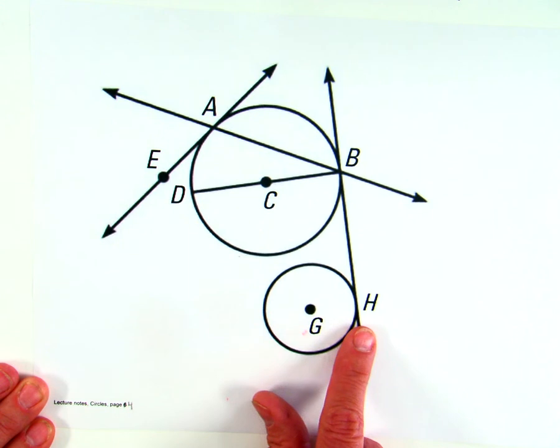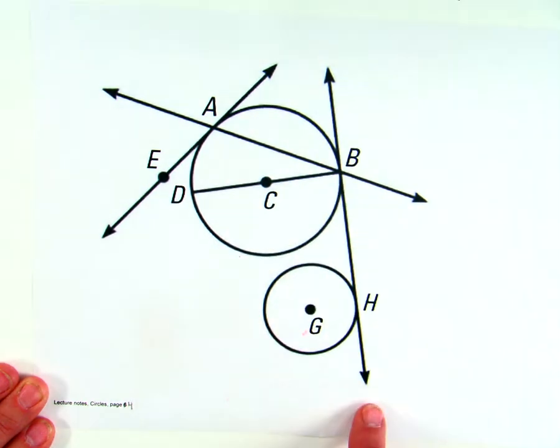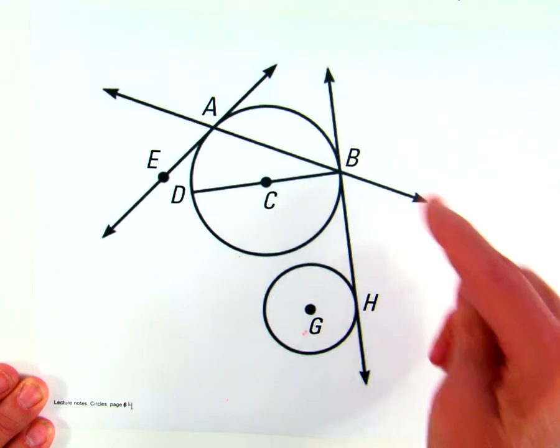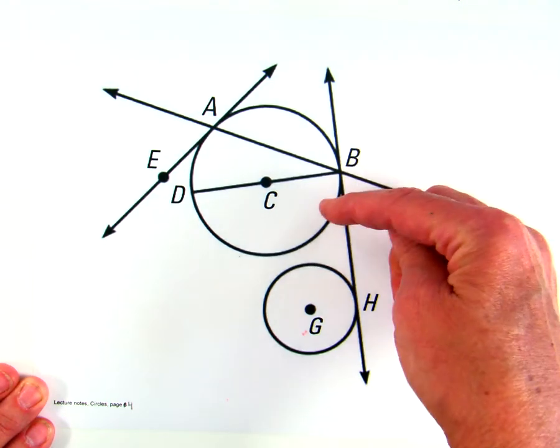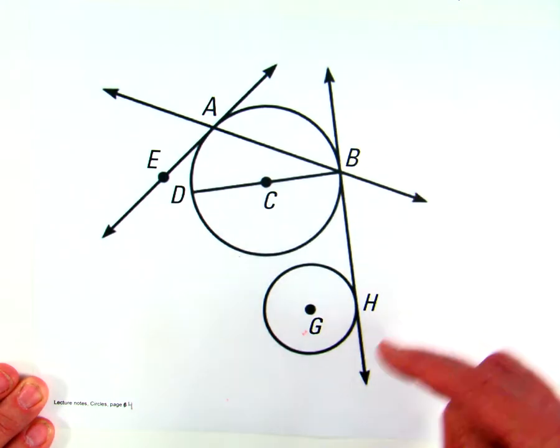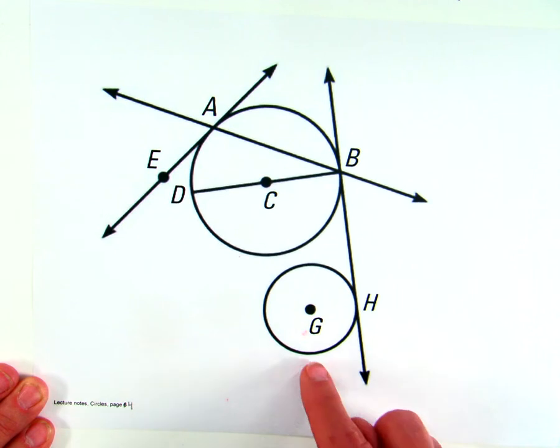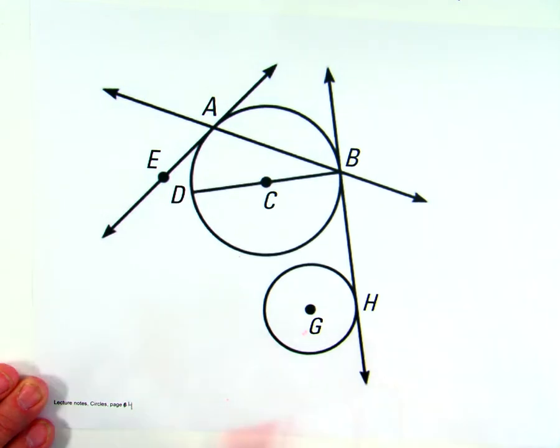H is the point of tangency. Notice that the line BH is tangent to two circles. It's in common. So it's tangent to circle C at point B. It's tangent to circle G at point H.